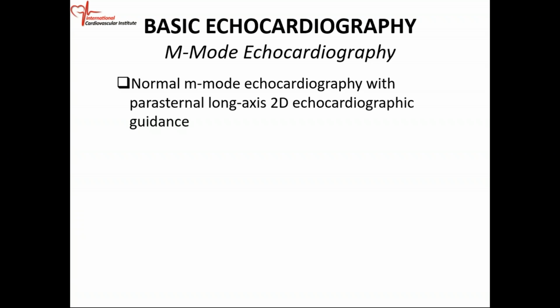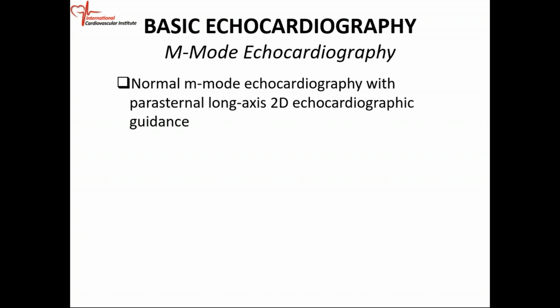So the normal M mode. When we do M mode today, it is usually two-dimensional guided. When it was done a million years ago, there was no two-dimensional echo because M mode echo came first, so there was no 2D guided M mode. So it was done blindly.